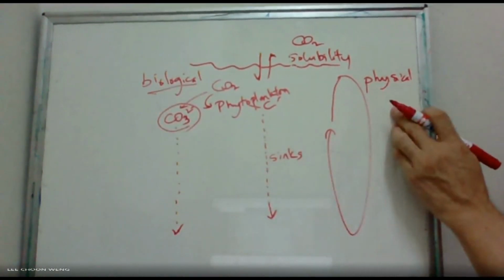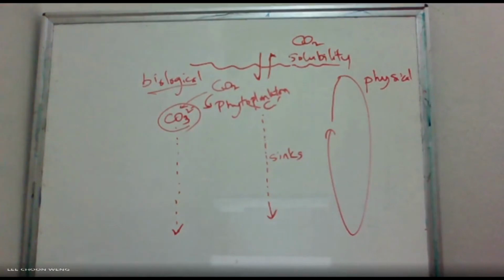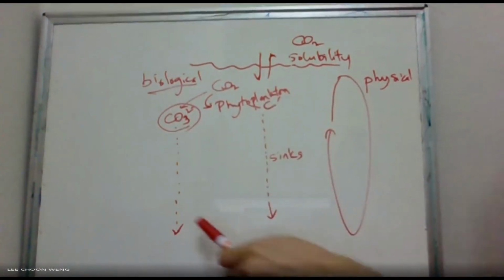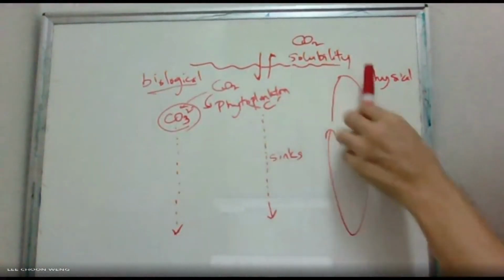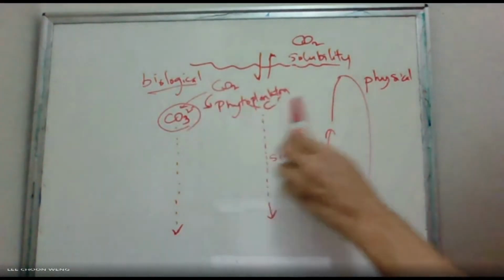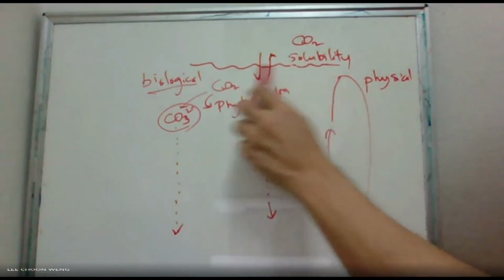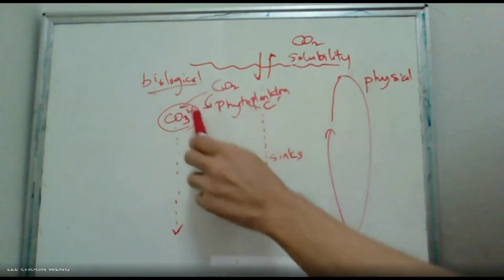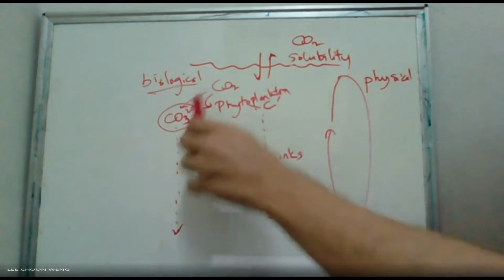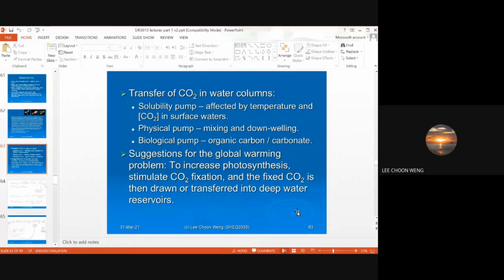You have a physical pump, and you have a solubility pump. So these are channels through which the CO2 from the atmosphere can be transferred to the surface and then throughout the water column. We'll continue. So the transfer of CO2 in water columns is through the solubility pump, physical pump, and biological pump.